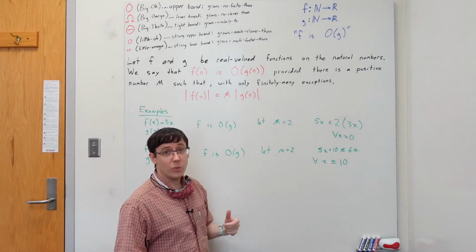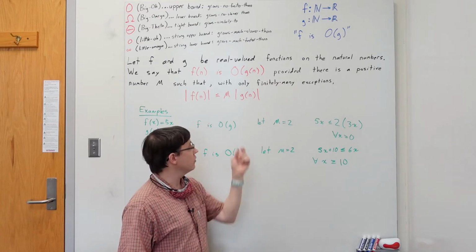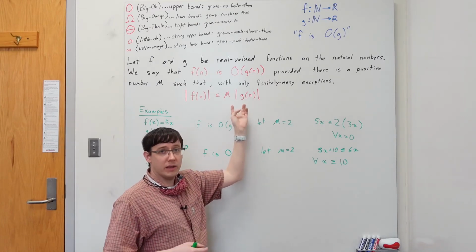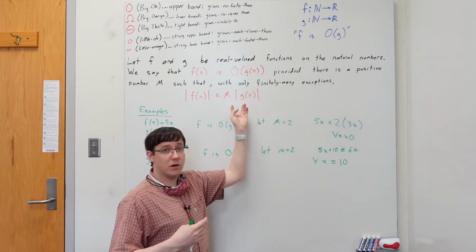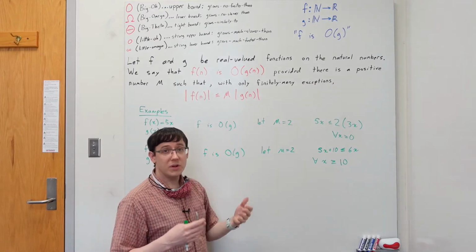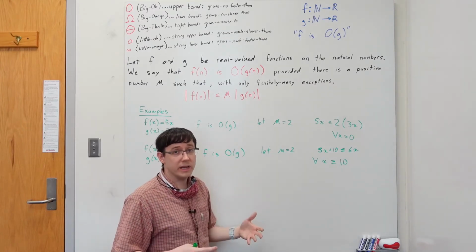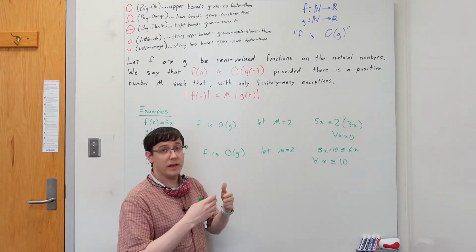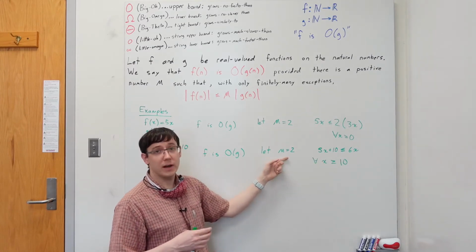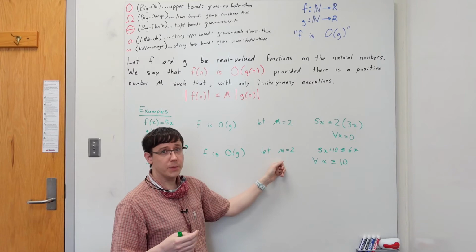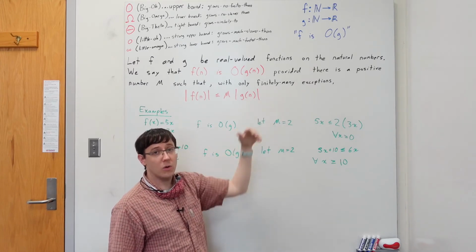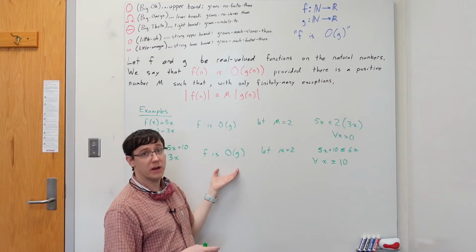So in this case, we have some exceptions to m times g being larger, namely on inputs 0 through 9, m times g is not larger. But since 0 through 9 are the only exceptions, and from input of 10 on out through infinity, m times g of x is larger, we have finitely many exceptions, and so we can say that f is big O of g.